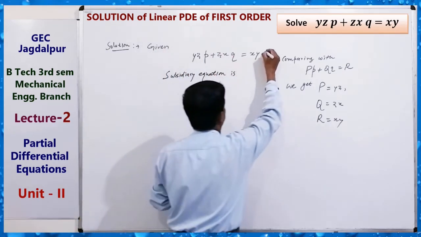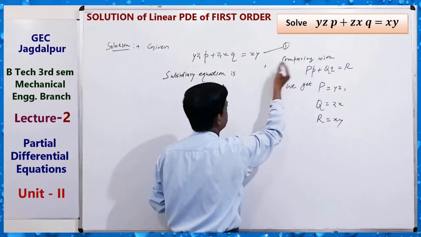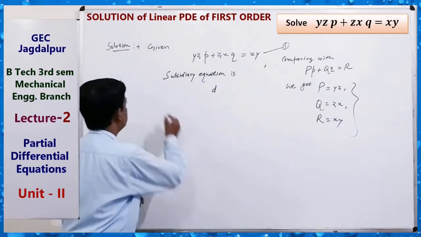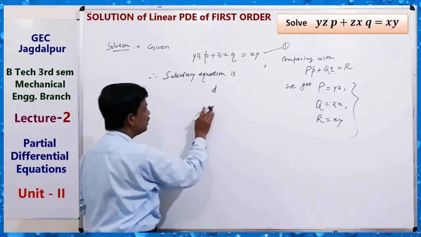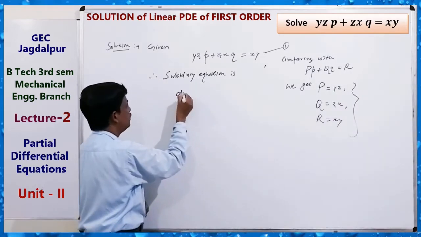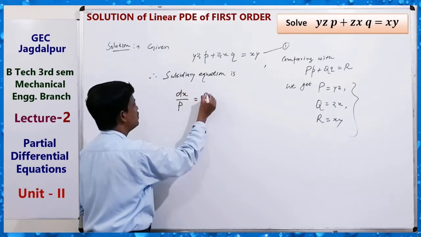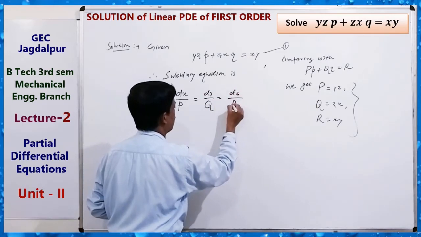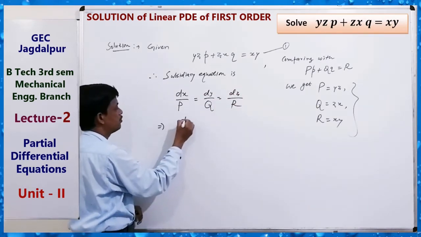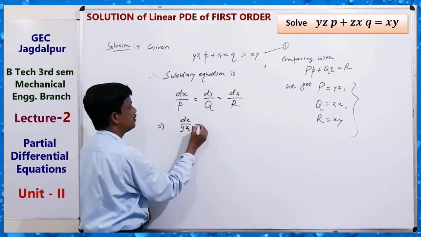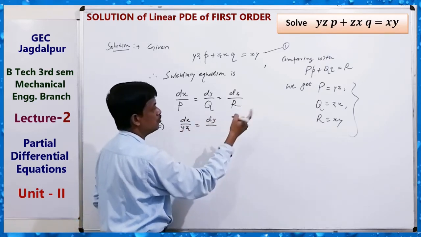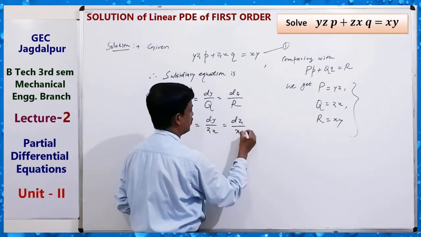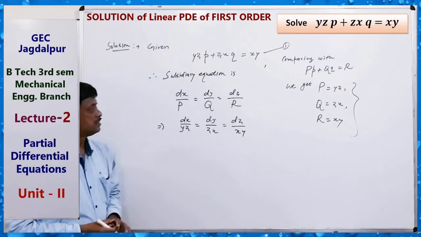Therefore the subsidiary equation is dx upon P equals dy upon Q equals dz upon R, that is dx upon yz equals dy upon zx equals dz upon xy. Now this is our subsidiary equation.